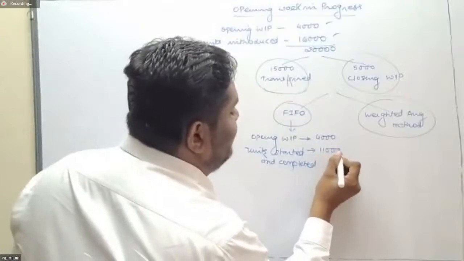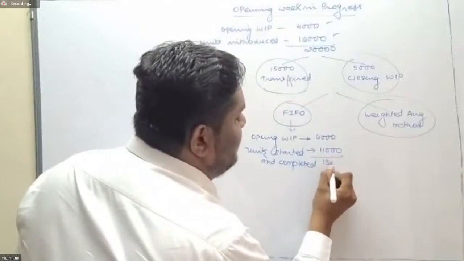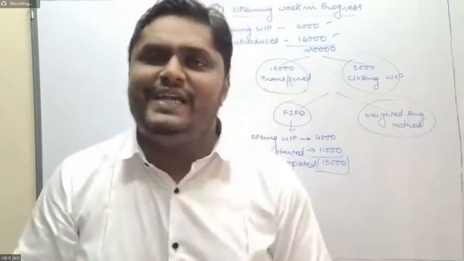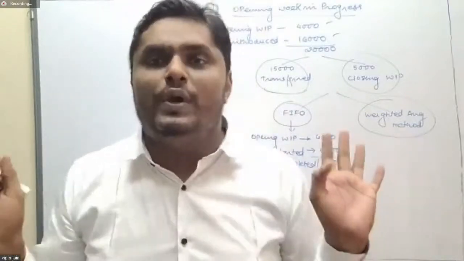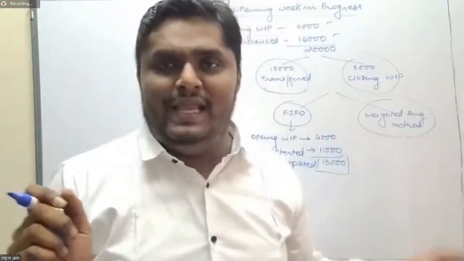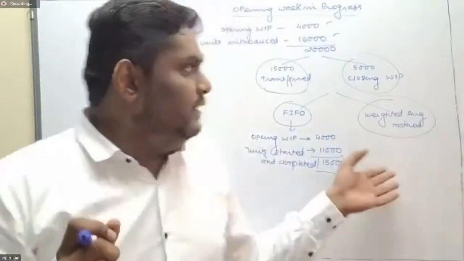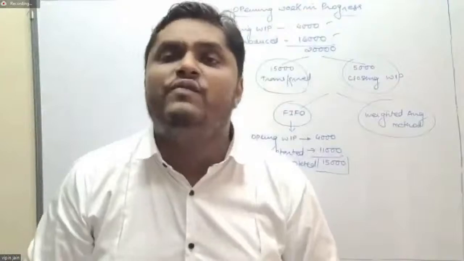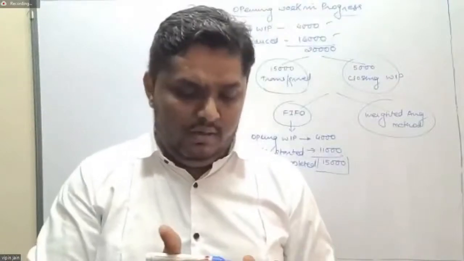So we are left with 11,000 units. This is how we will transfer 15,000 units. As far as the weighted average method is concerned, no need to do any sort of bifurcation. I will be discussing it further with the help of an example. So this is all about what happens if opening work in progress is given in the question.